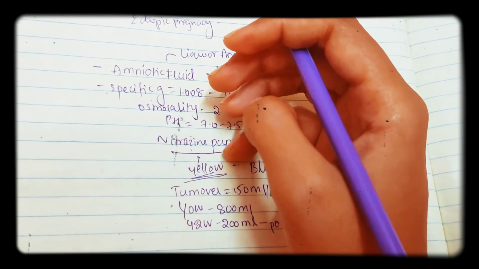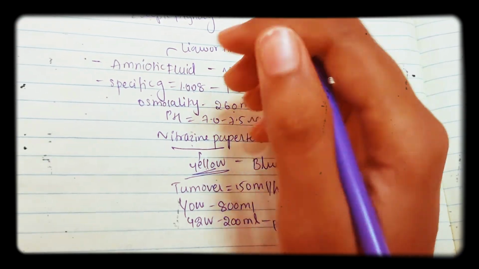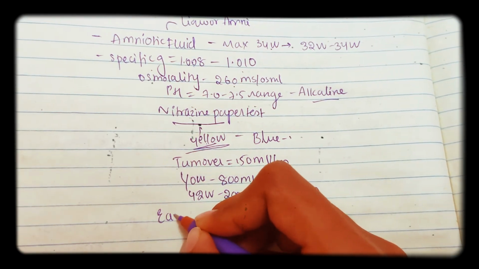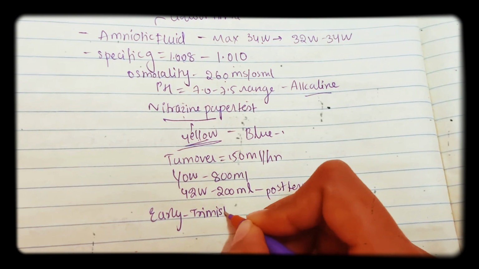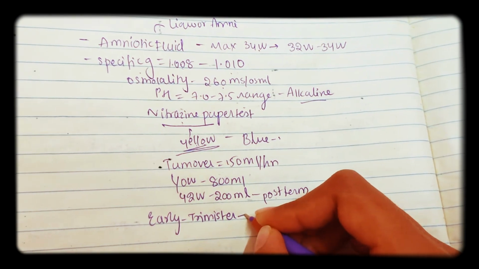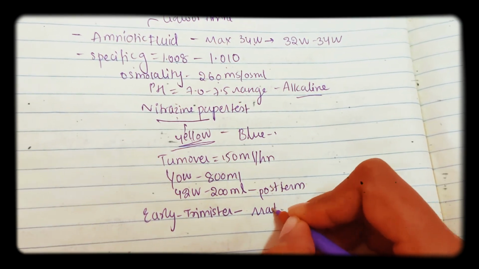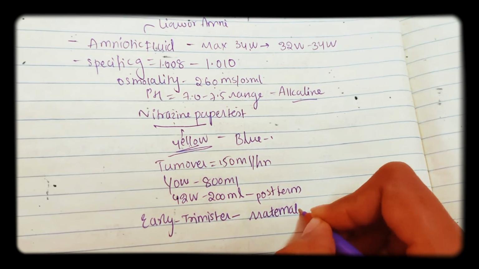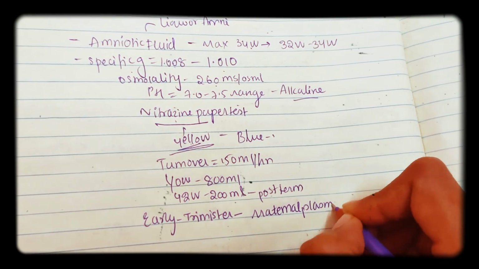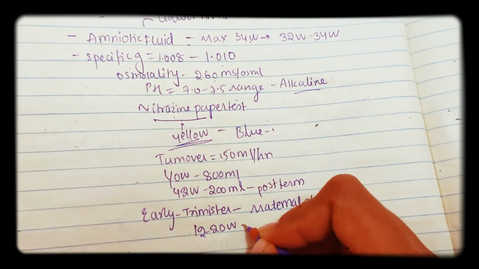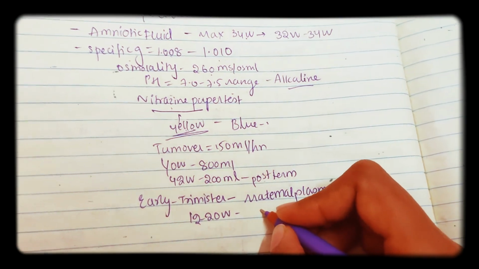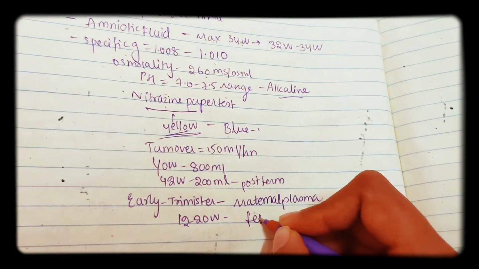So what are the major contributions to amniotic fluid? In the early trimester, that is the first trimester, the amniotic fluid is mainly formed by the maternal plasma. From 12 to 20 weeks, it is mainly formed by the fetal skin.